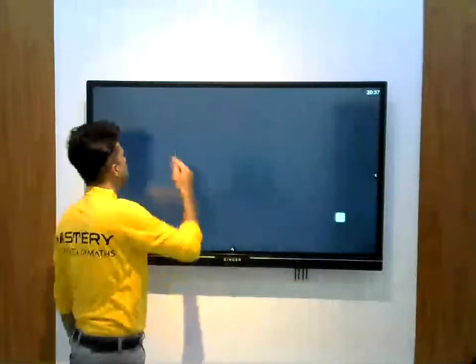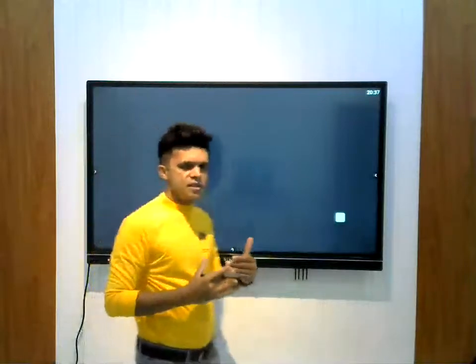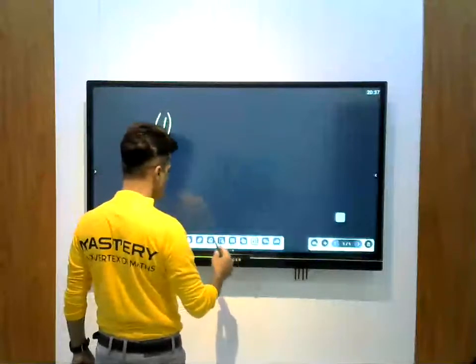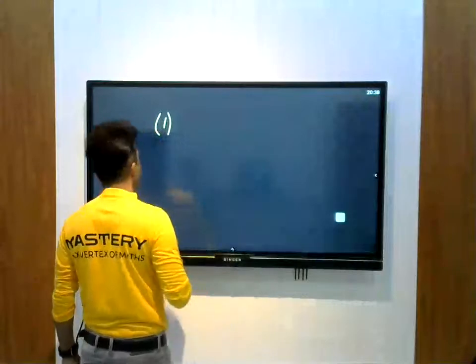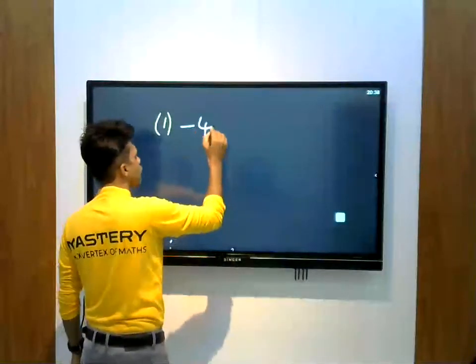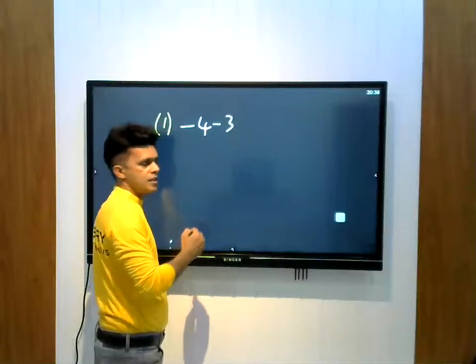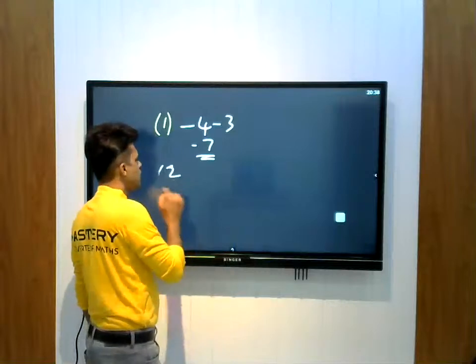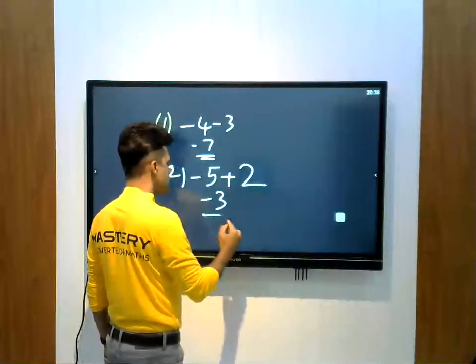Yesterday we learned the ways of doing these types of sums. Minus 4 minus 3, do you know how to simplify this? This is minus 7. This type of one, minus 5 plus 2, this is minus 3.